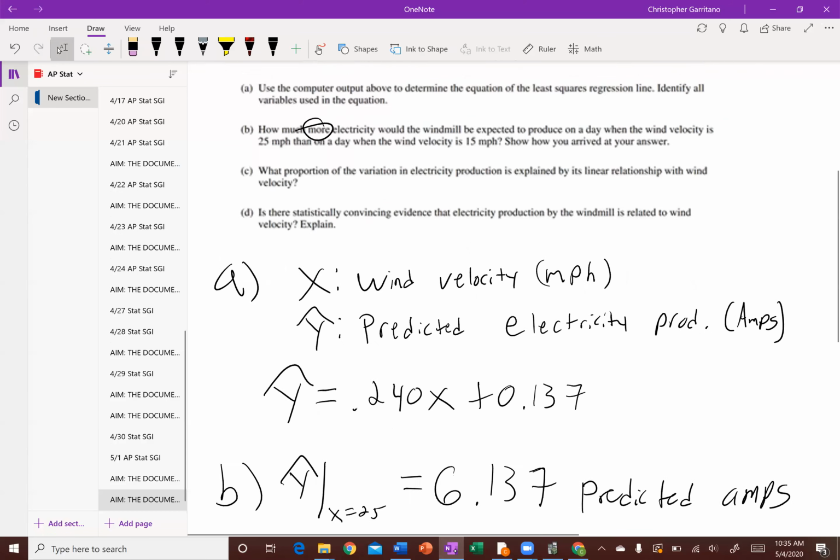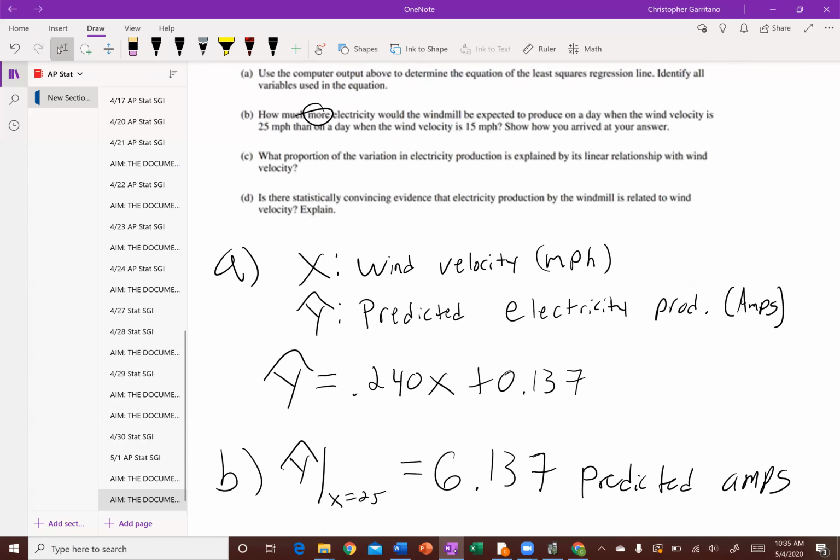Okay, well, we're not done yet because the question asks how much more electricity the windmill would be expected to produce.